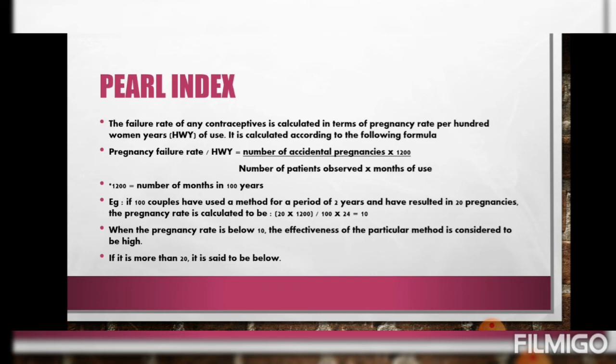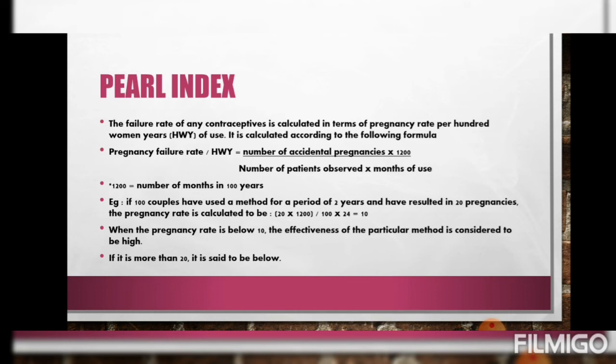Copper T is very useful to prevent pregnancies. But if the rate shows you about 20, 25, 30, more than 20, then it is a failure. Even if it is used, there are more chances of pregnancy rather than prevention of pregnancy.